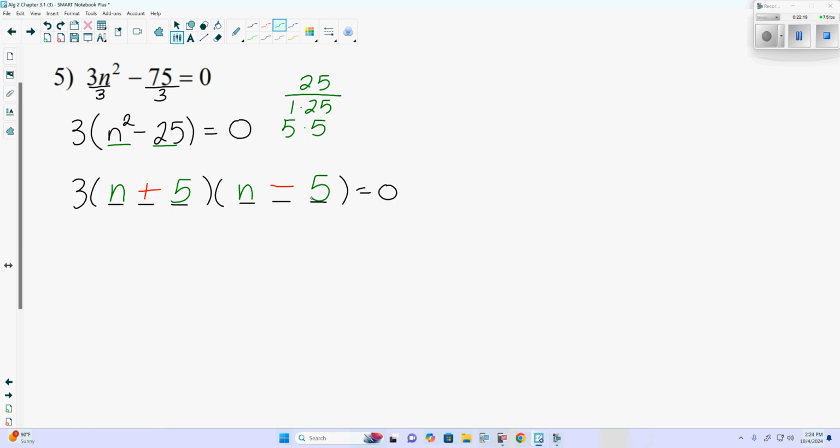Let's check and see if this is the correct setup. Our first one is n times negative 5, which is negative 5n. Positive 5 times n is positive 5n, which does equal 0. So n plus 5 times n minus 5 are the correct factors.